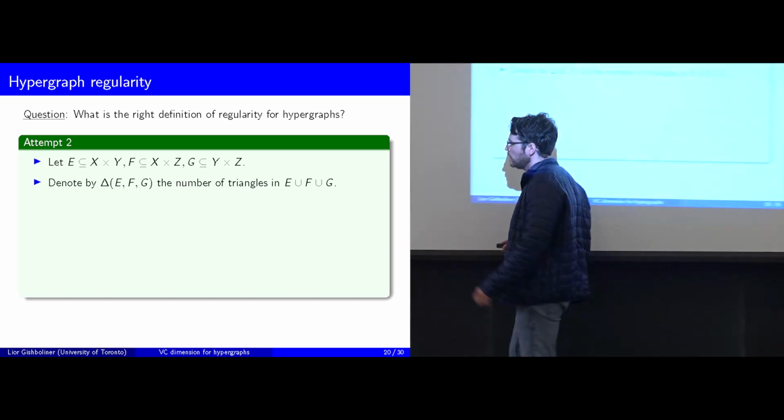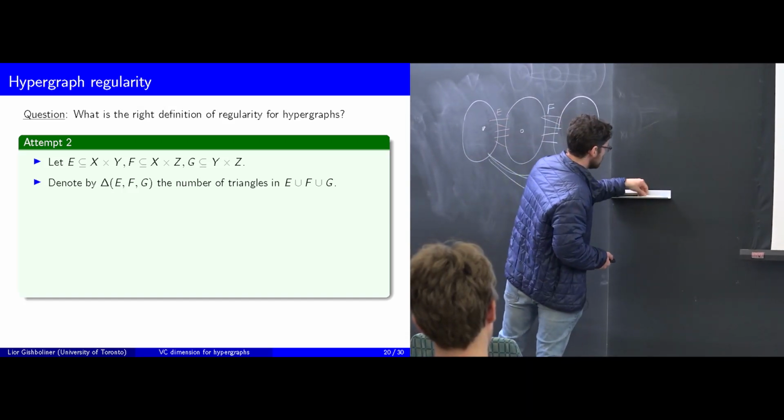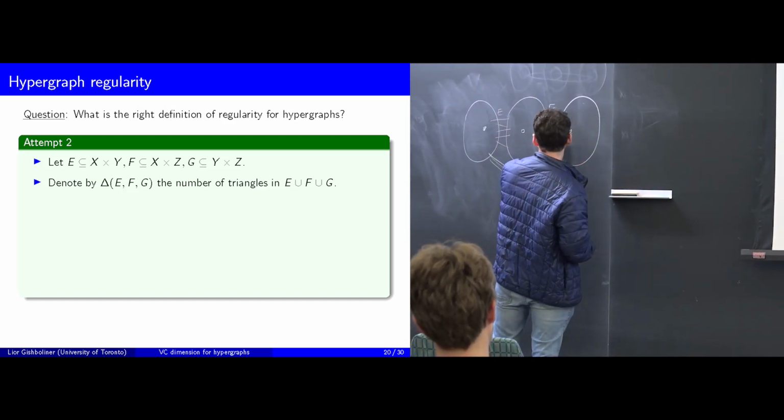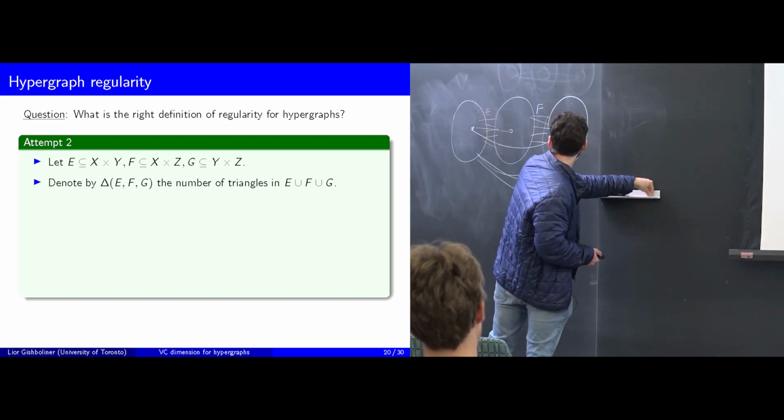So how many ways can I choose three vertices such that this edge is green, this is red, and this is blue.